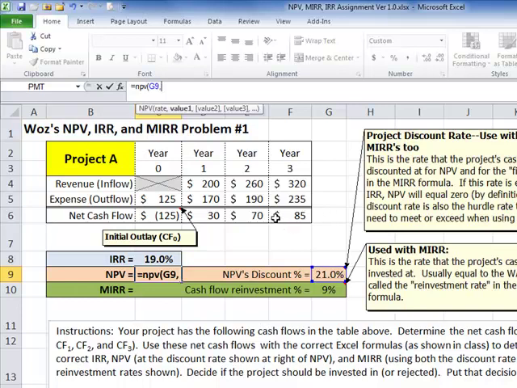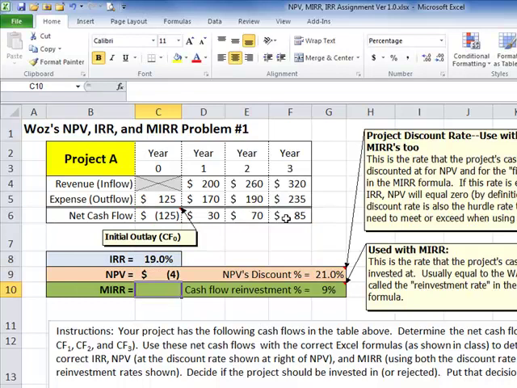I'm going to show you the way not to do it first. If we do it the same way as the IRR, which seems the most logical and sensible thing to do, we can do it, and we will get an answer. Okay. The answer here is actually not the correct one.